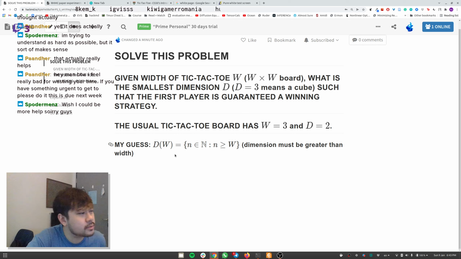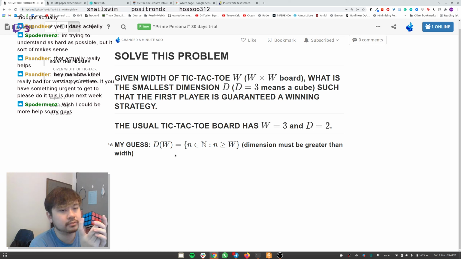Let me see. So let me try to visualize this again. Can I win? So I place it in the center. Block here. You play here. Put it in the center.